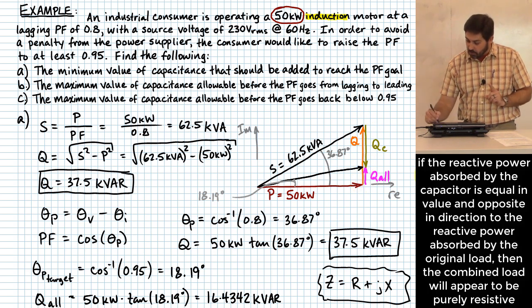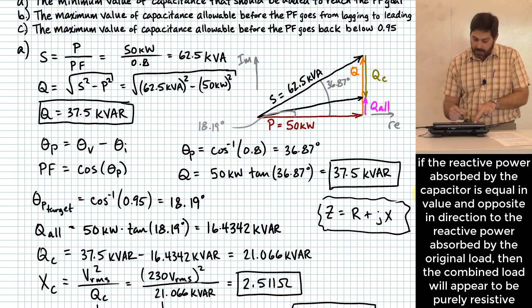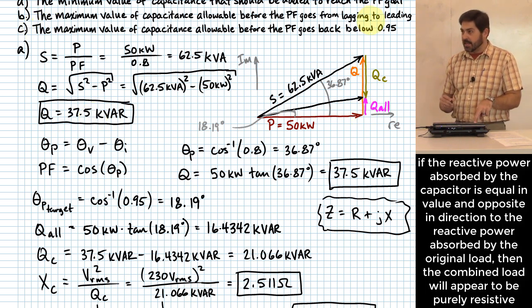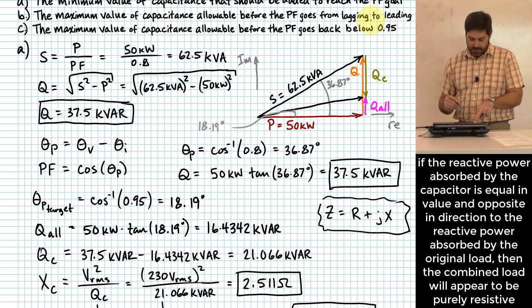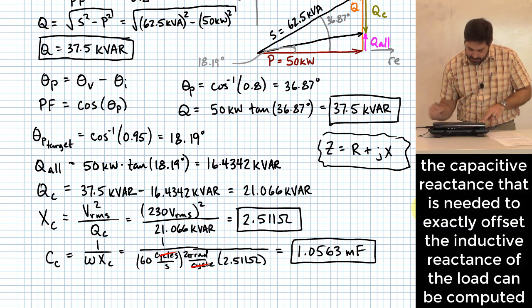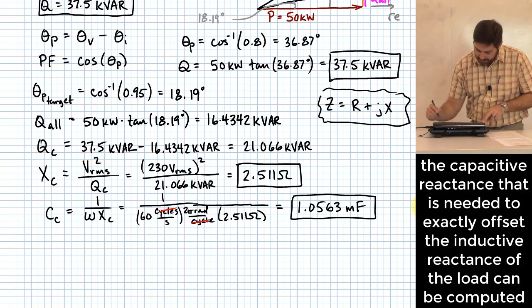So that means I've already done the calculations that I need to. I need to reduce my reactive power component by 37.5 kVAR to get me to that state where I'm about to go from lagging to leading. Does that make sense? So what that would actually look like down here is that your QC is literally just the 37.5 kVAR, right?